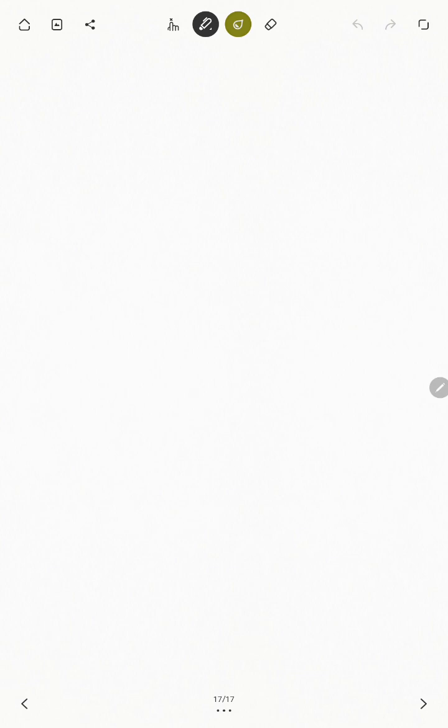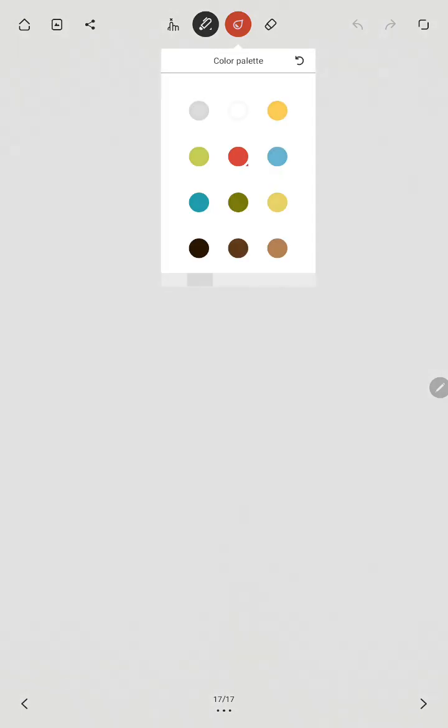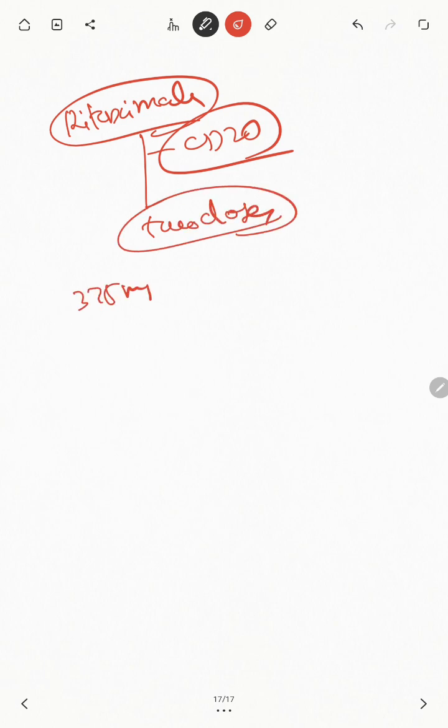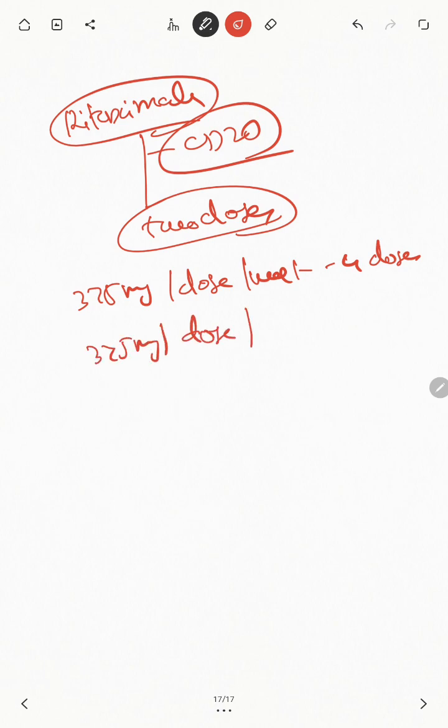One other very important discovery, a milestone in the treatment of hairy cell leukemia, is rituximab, which targets CD20. Rituximab is given in two dosing schedules for hairy cell leukemia: 375 milligram per meter squared per week for 4 doses, or 375 milligram per meter squared per week for 8 doses.